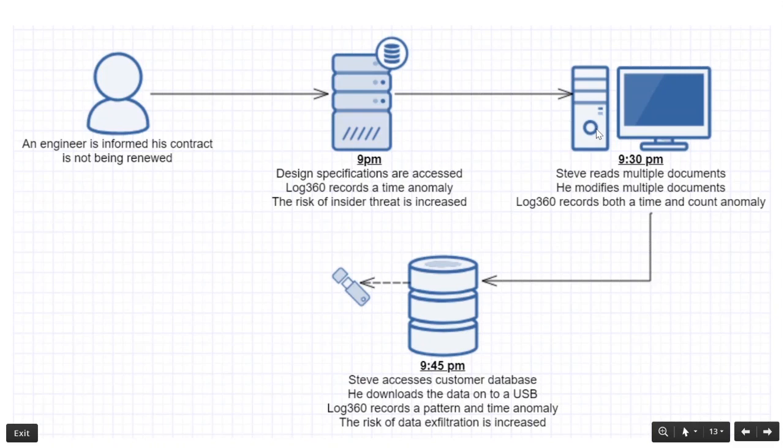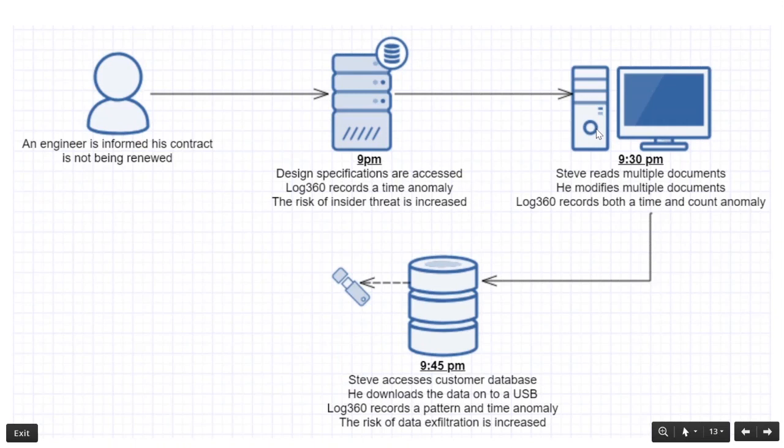Now it's getting more suspicious, because at 9 p.m. you could have said maybe he's just working late today. But at 9:30 p.m., now he's reading and copying a lot of data and then modifying a lot of documents. And there is an anomaly in time because he normally works from 9 to 5, but now he's doing something at 9:30. So it's a time anomaly.